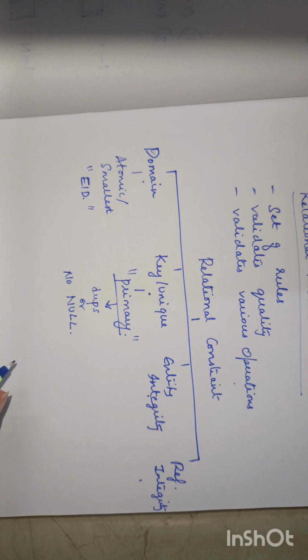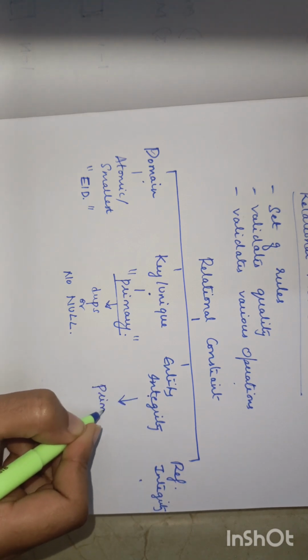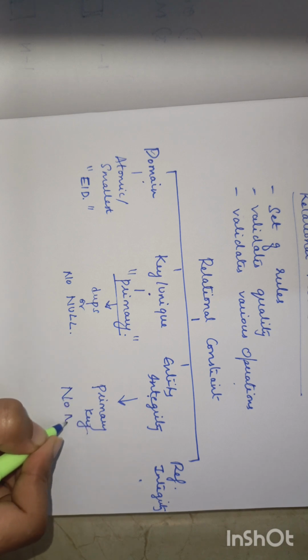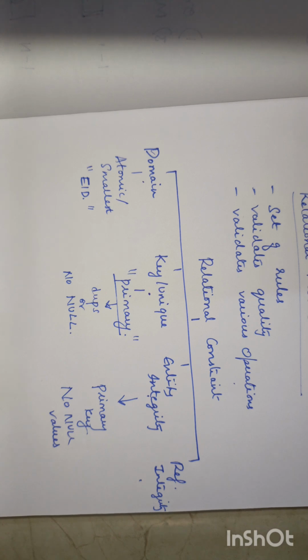Entity integrity constraint says that no primary key can take up a null value. So basically, entity integrity says that the primary key which we defined earlier cannot have null values.